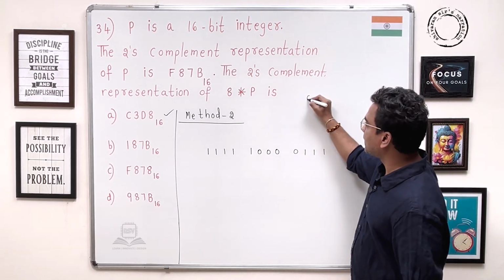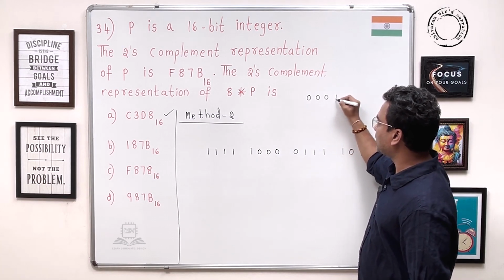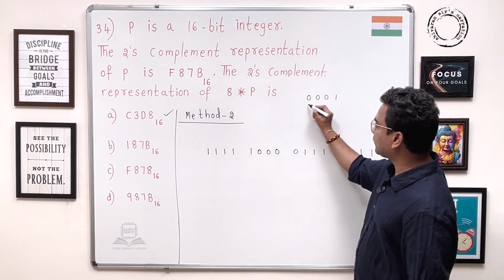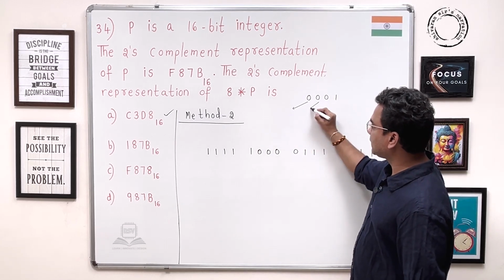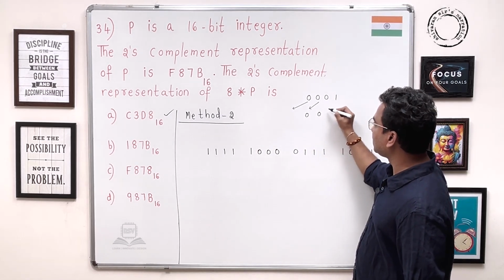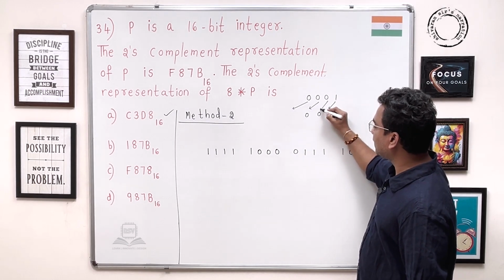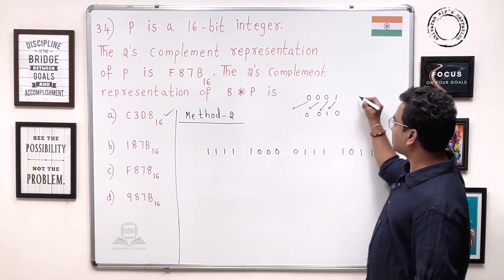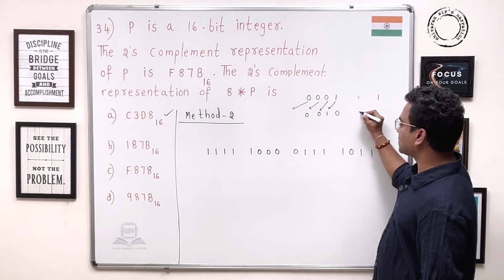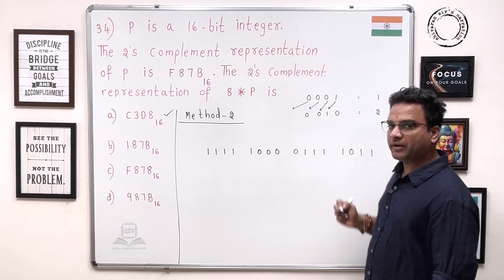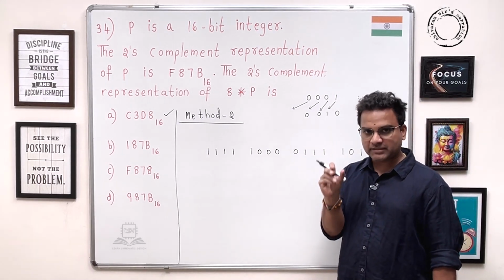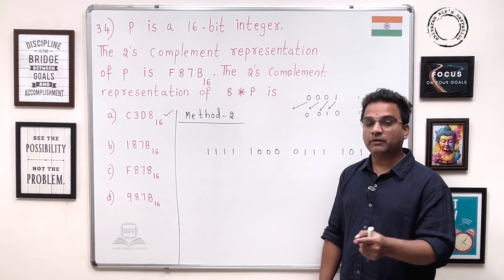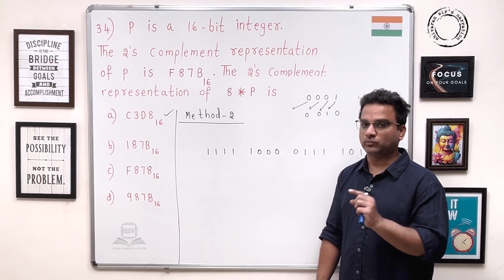Let's consider 0001. Now you do the shift left operation one time. Then what do you get? This 0 goes outside, this 0 will come here, this 1 will come here, and the new 0 will be added. It is 2. If the decimal value is 1, the decimal value is now 2. Means if there is a binary sequence and you do the shift left operation one time, the value gets multiplied by 2.